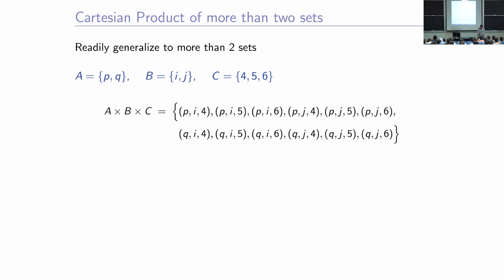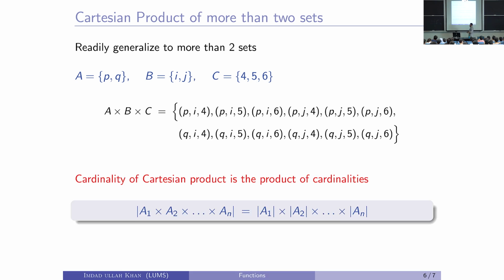Okay. So, generally speaking, we talk about this a lot when we do combinatorics. The cardinality of the Cartesian product of n sets is the product of the cardinalities of each set. So, how many elements are here? 12.